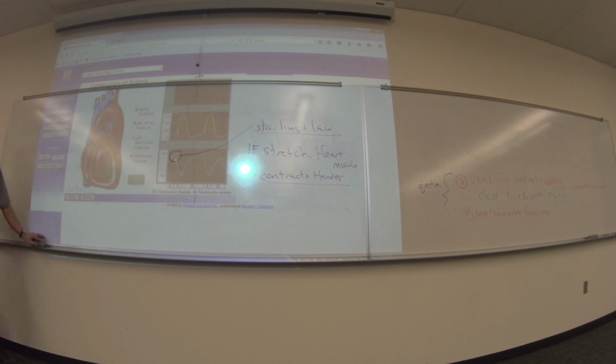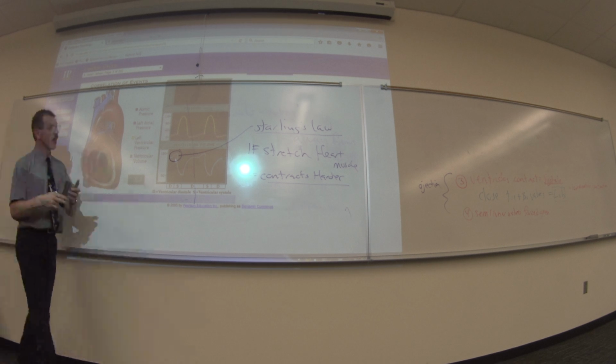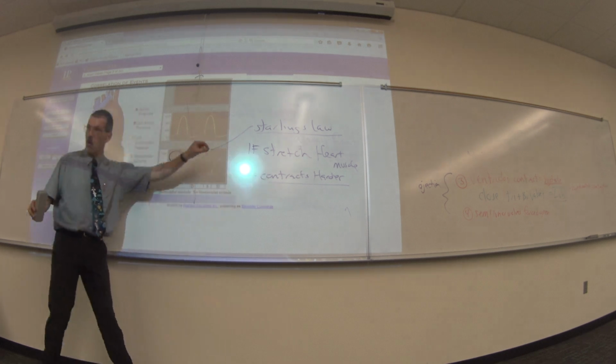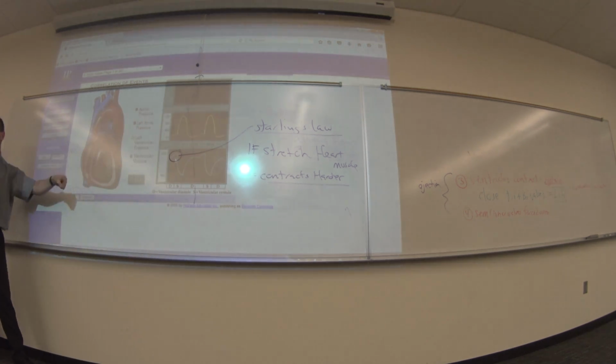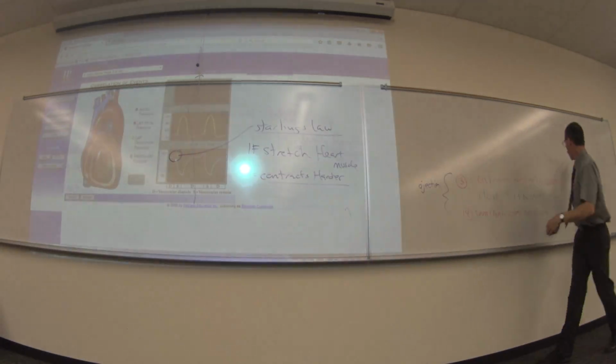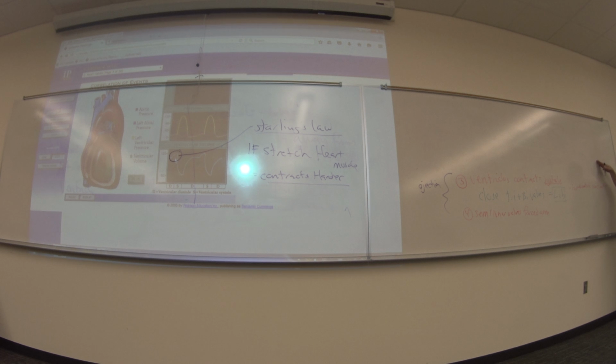When you pull back on a rubber band and let it go, it snaps back, right? The more you stretch the rubber band, the harder it snaps. So if I can stretch your heart, it's going to contract harder because of the stretch. Make sense? So in step 2, if I stretch my heart with more blood, the ventricles are going to contract harder than before.